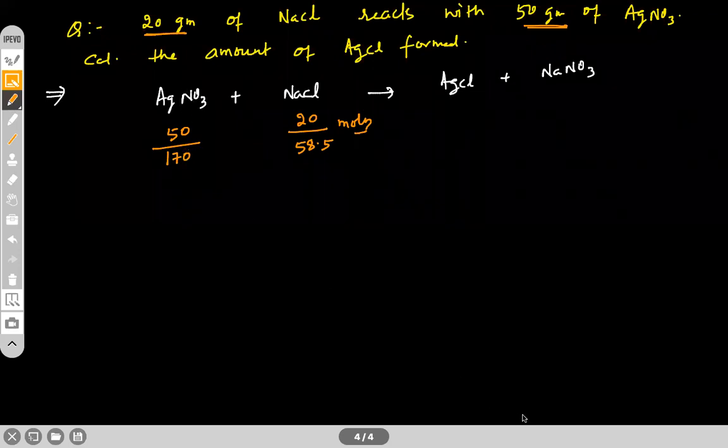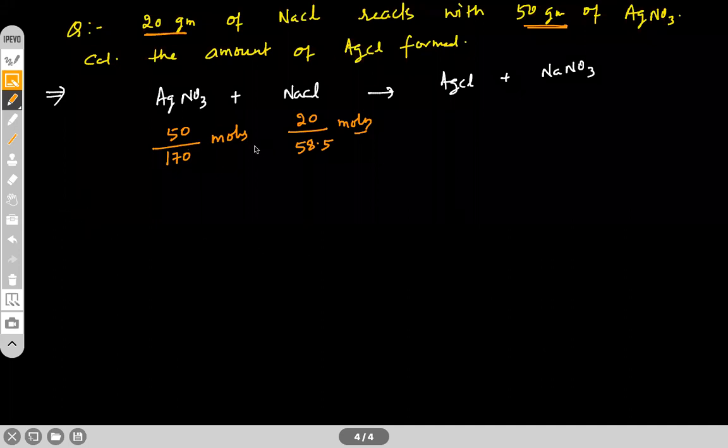Atomic mass of nitrogen is 14, right? Yeah, it's 14. So 16 into 3 is 48, 48 plus 14 is 62, 62 plus 108 is 170. Are you getting 170? Is this the correct calculation? These many moles of this we have.